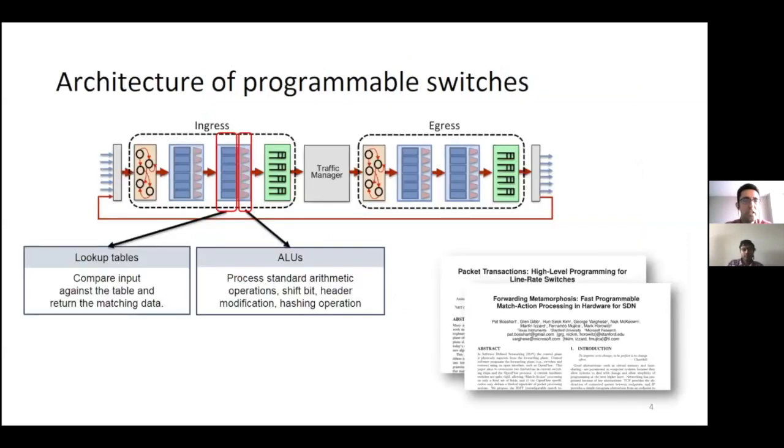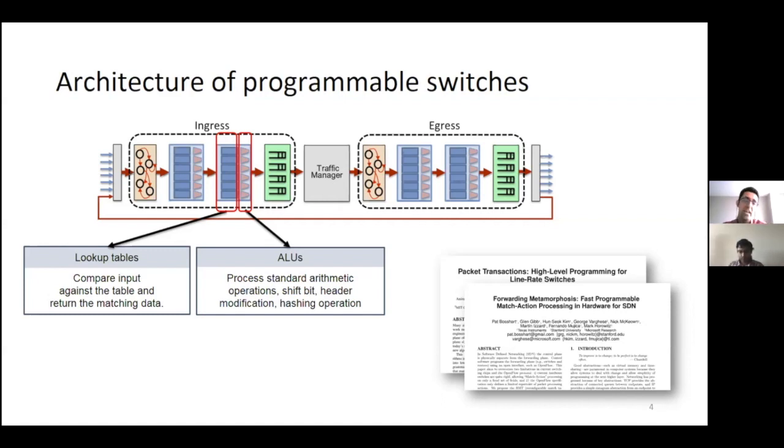Here is the architecture of programmable switches. In general, this architecture is common in programmable switches, as explained in papers like Domino and Forwarding Metamorphosis. There are different kinds of components here, but I want to focus on two components that are important in this talk. The lookup table is the first one. Lookup tables compare input against the table and return the matching data.